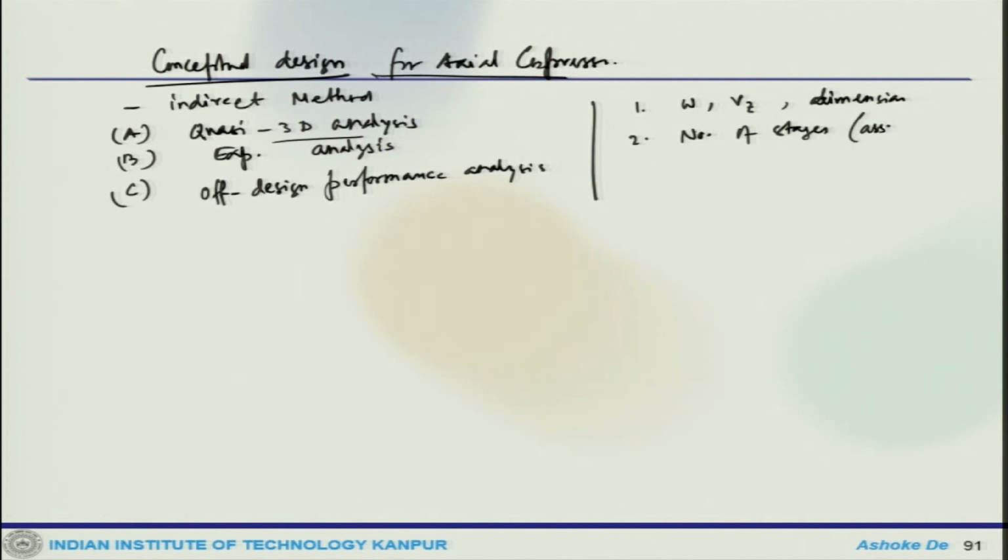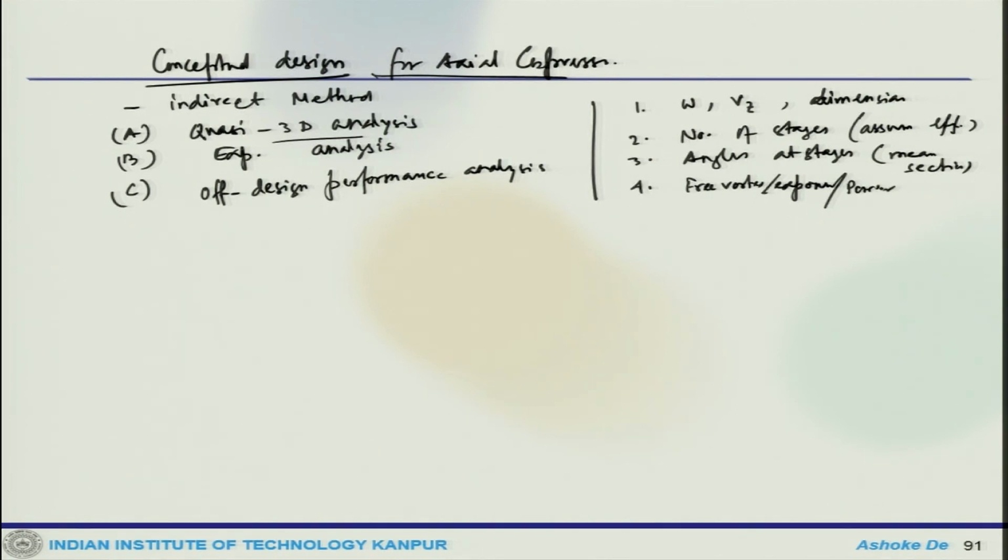Here you have to assume the efficiency, then you can calculate all the angles at stages of the mean section. Once you calculate all the angles at the mean section, then you can determine the variation of the air angles from rotor to tip by different blading like free vortex or exponential or power, like that.